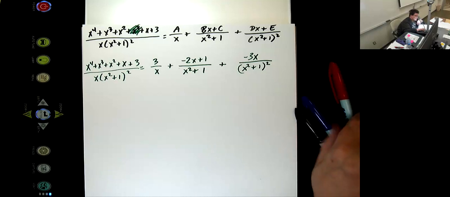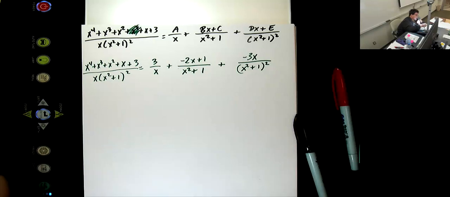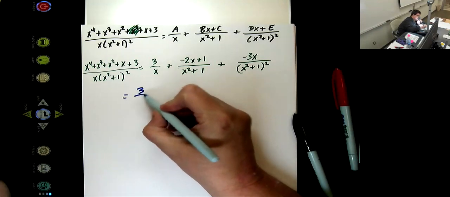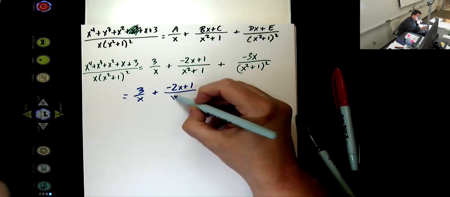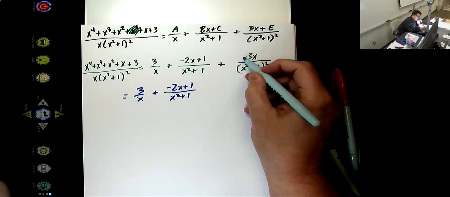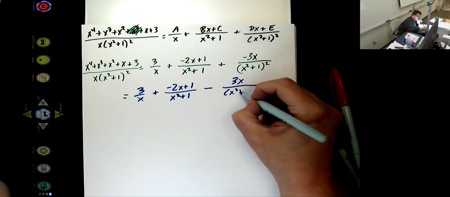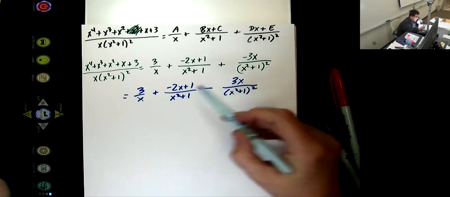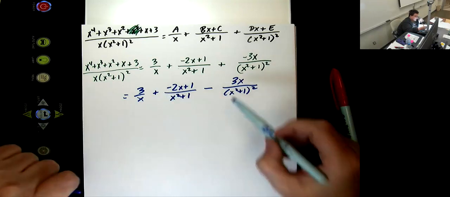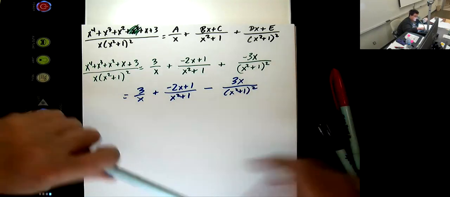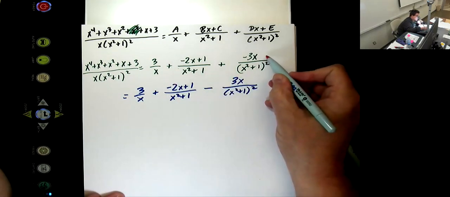You could make this look nicer by moving the negative here, right there. I don't recommend doing it here, though. Just on this one. The reason why is because there's nothing else added.